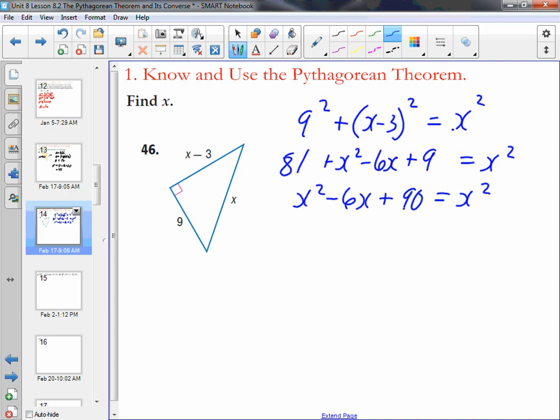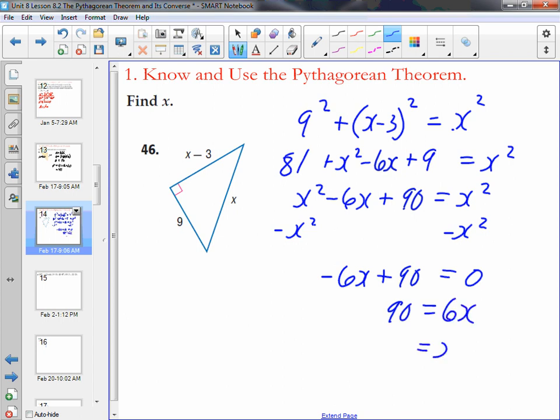We got some work to do, don't we? All right? But look what happens if I subtract x squared from both sides. That we can solve. Add 6x to both sides. What's 90 divided by 6? And we found x.